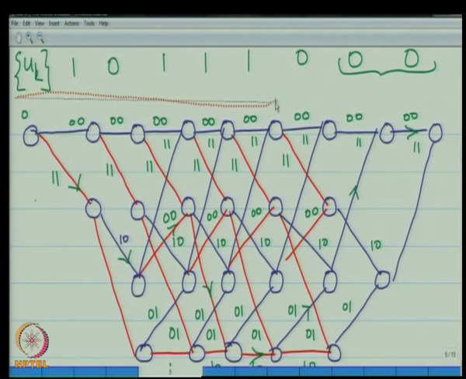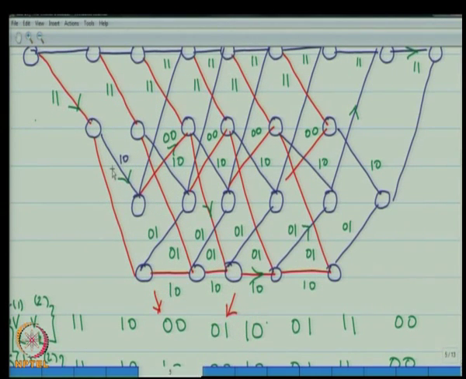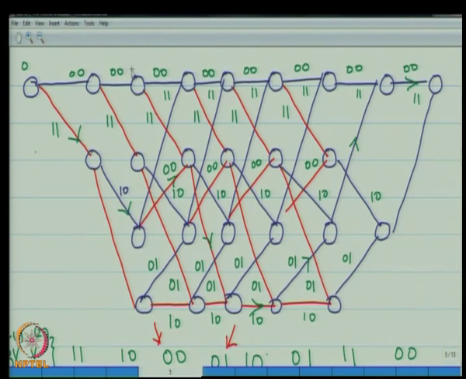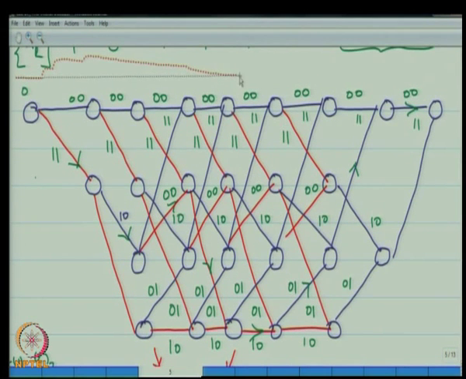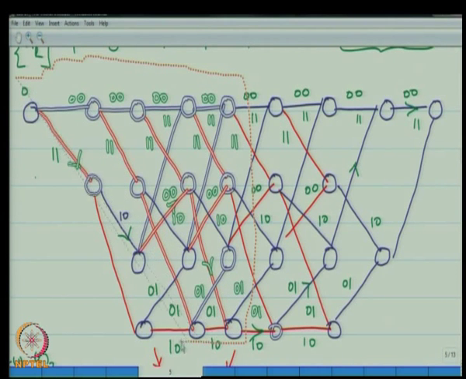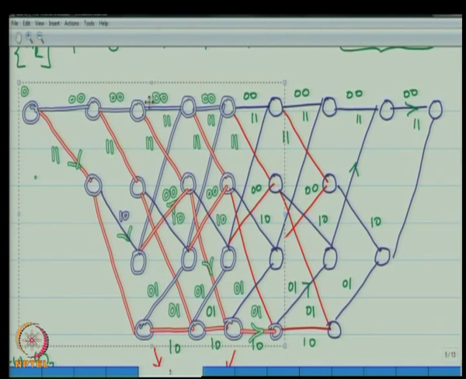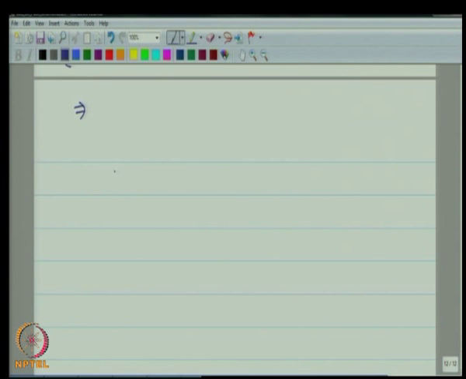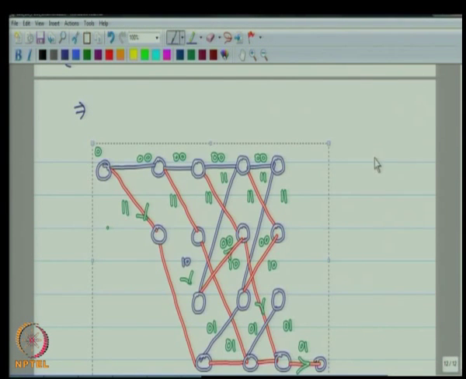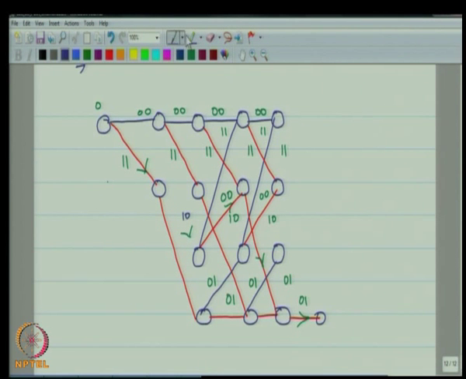So, I am going to take this part of the trellis, and paste it here, and just for verification purposes. So, let us get rid of some of the terms that we do not need here. We only want 1, 2, 3, 4.